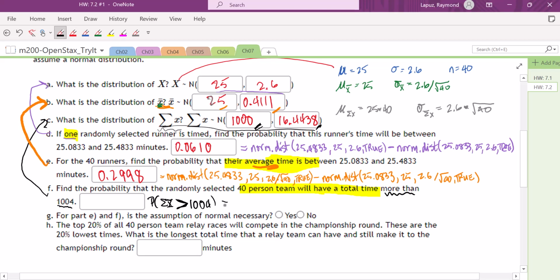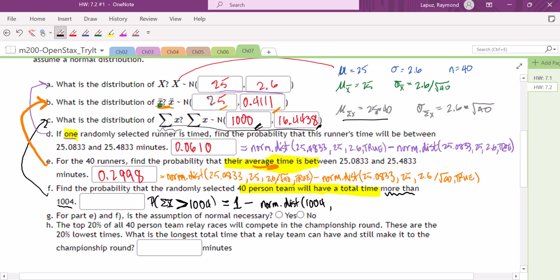So the way I'm going to call on this in my Google Sheets is I'm going to say out of 100%, I want to take away the norm.dist of this value of 1004. And then now my mean is going to be the mean from the sum.